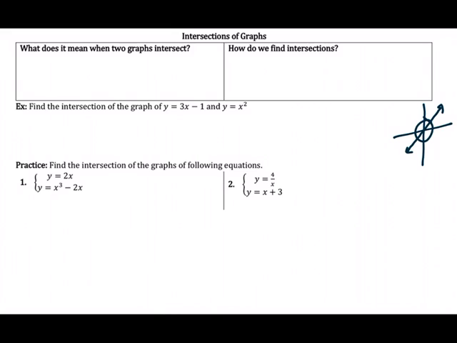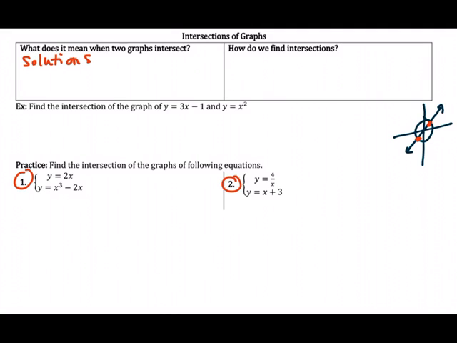When we talk about their intersections, we talk about those points, or 1 point, or more than 2 points, depending on what two things we're talking about, when they cross or intersect, and those are called their solutions. Equation-wise, it looks like a system of equations, which you can see down here in number 1 and number 2.